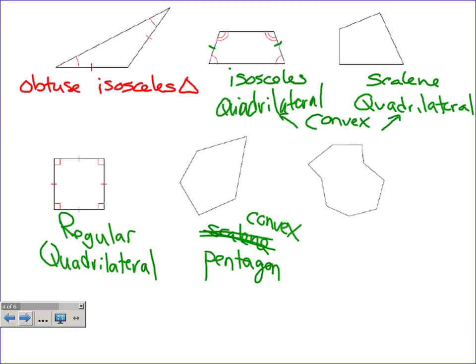Okay. What is this bottom one? Is it convex down here? No, what is it? Concave. Why? Because they kind of come in like this right here. How many sides are there? 9, so what's that called? Nonagon. Alright, what else do we have?